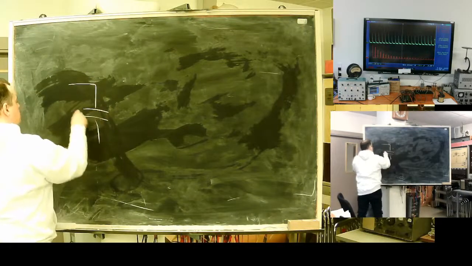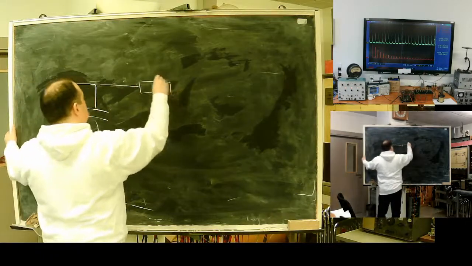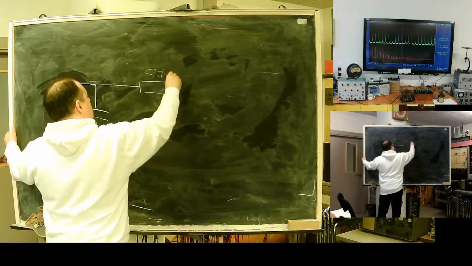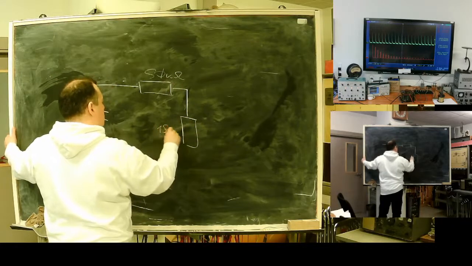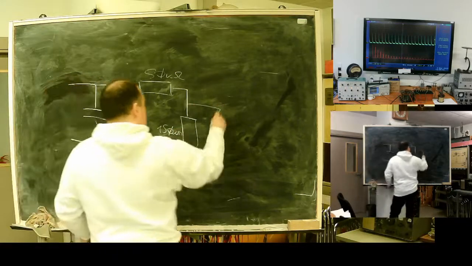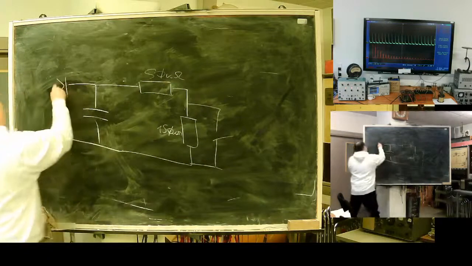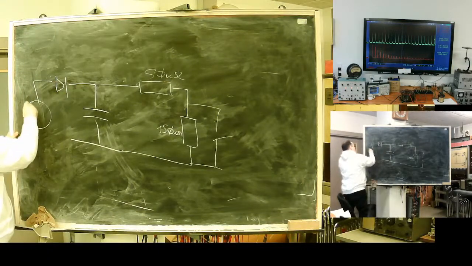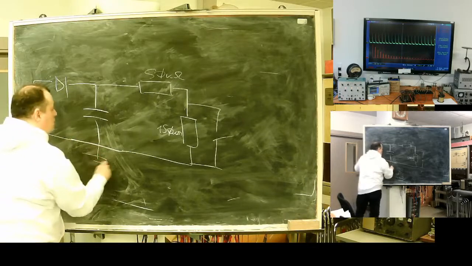Big capacitor. Resistance box of 50 kilo ohms. Resistance box of 150 kilo ohms. Somewhere. I'll have a switch here. Okay. My pulse generator. Yes.